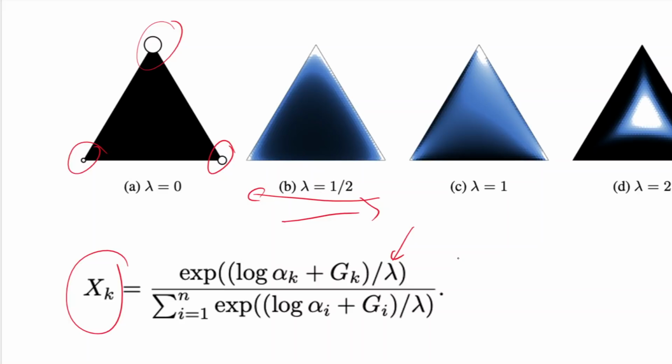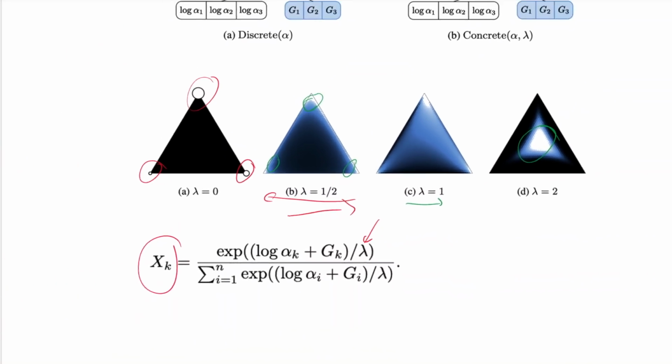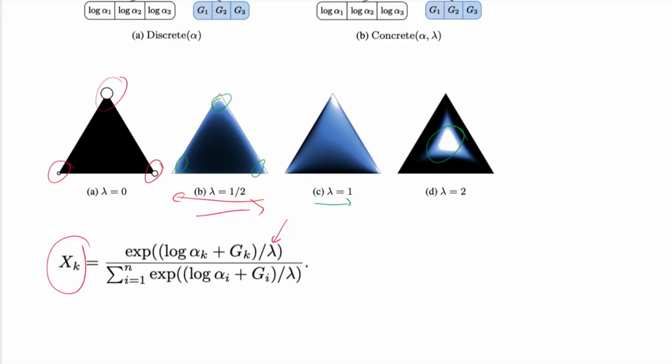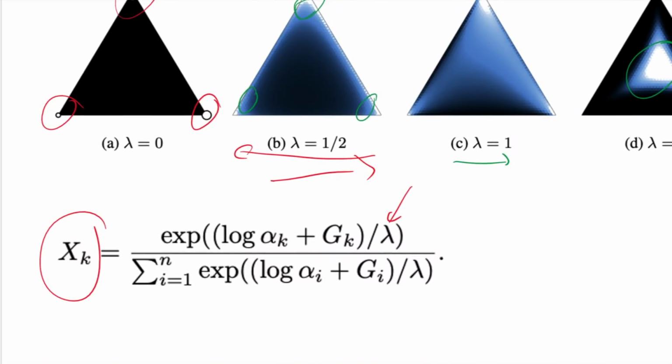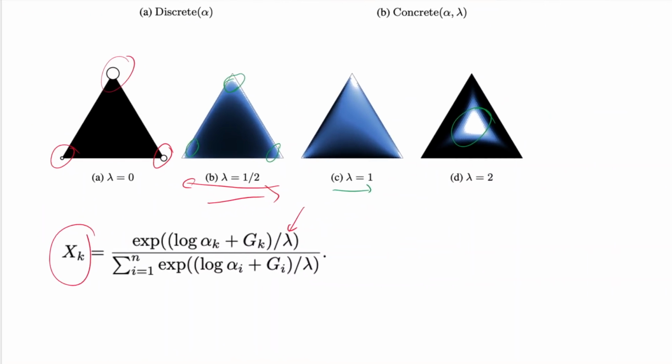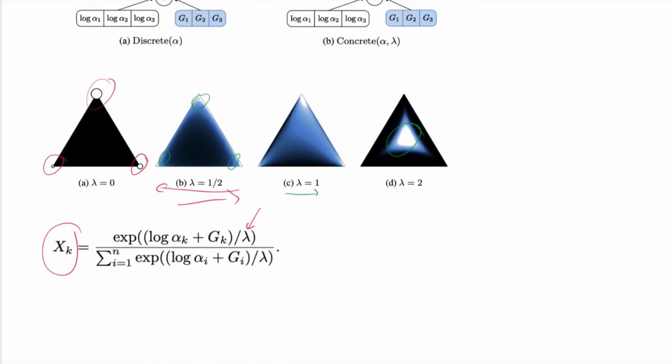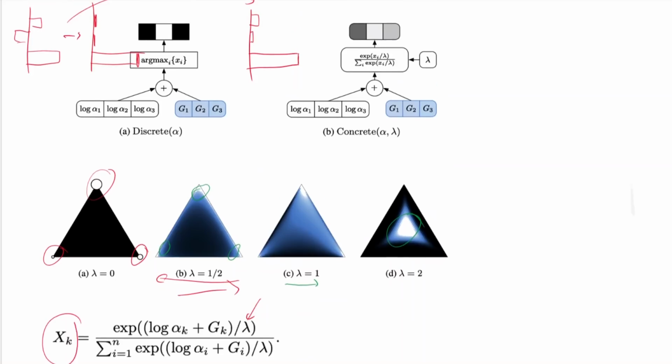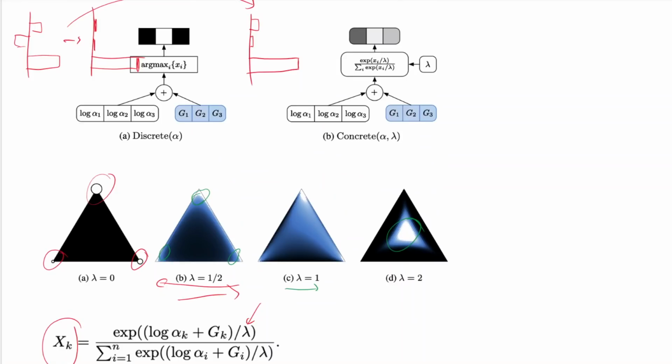So you can be at the corner, but you can also be in this region or this region or this region. The distribution becomes more of a mixture distribution, and any mixture distribution with a temperature other than 0 all of a sudden has a defined gradient, whereas these discrete random variables do not have a gradient.